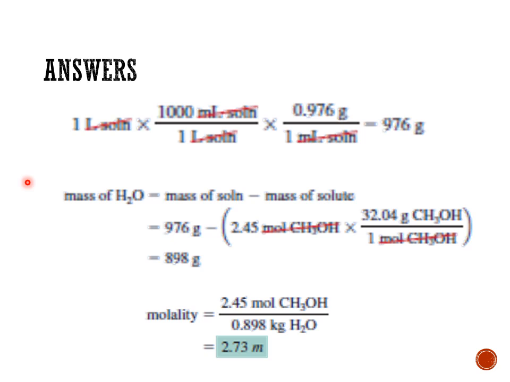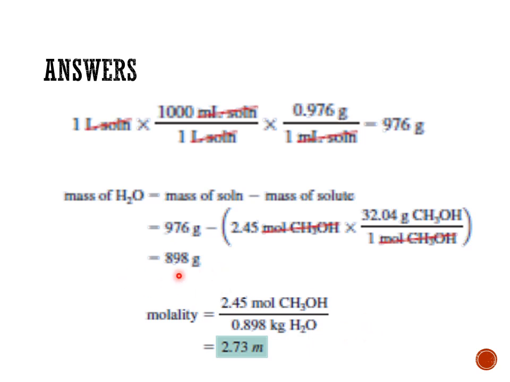So, bakit sa tingin nyo, minus natin to? Di ba ang definition ng molality is moles of solute divided by kilograms of solvent. So, may nakuha tayong mass ng solution, pero ang kailangan natin is yung kilograms ng solvent.